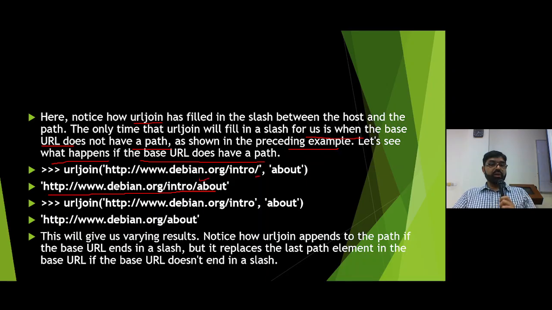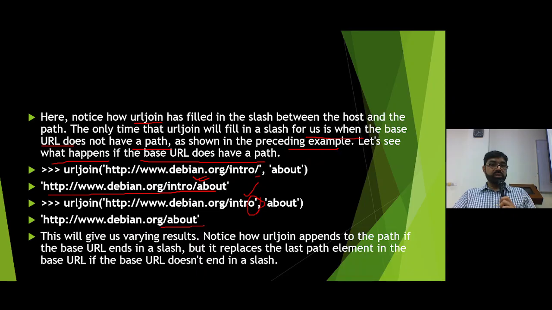In the first part, you see that it joined with the about, but in the second part, you see that after the intro there is no slash. So what happens when we join is that it will discard the intro and put about on the base URL. You see the difference?